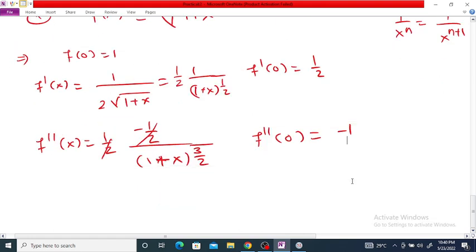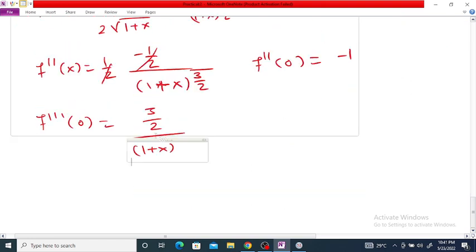Similarly, f triple dash x is equal to minus 3 by 2 divided by 1 plus x raised to 5 by 2. It is what? 3 by 2 plus 1, 5 by 2. So f triple dash 0 is equal to 3 by 2.